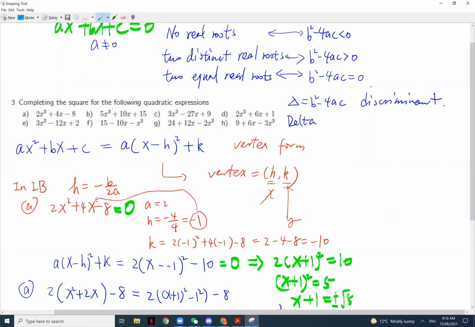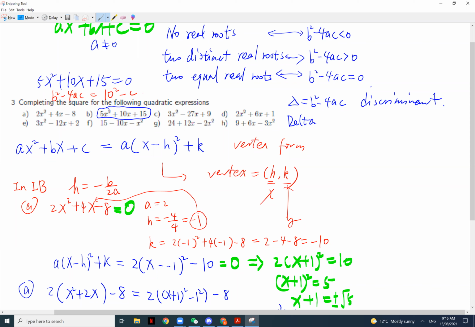For example, for this question, we need to change the question and make the whole thing equal 0. Let's change it to an equation, otherwise it's not an equation. The whole thing equals 0. How many real roots? We just check b squared minus 4ac. Camellia, what's b? What's a?